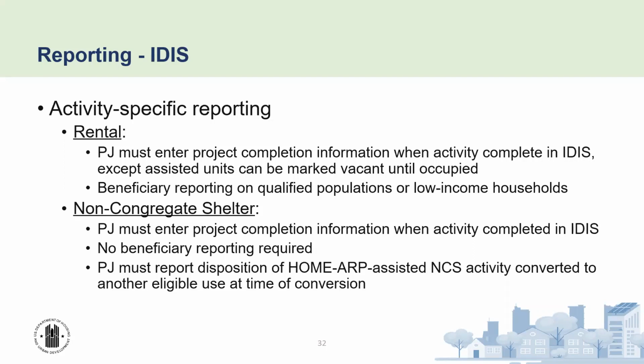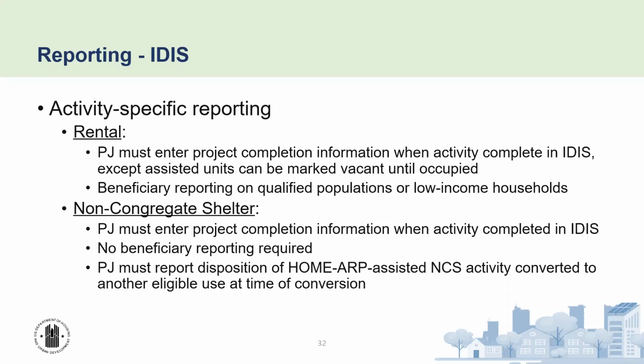If the unit is not occupied by a household that's a member of a qualifying population, the user will select low-income household on the HOME completion beneficiary screen and must also enter the income range of the eligible low-income household. So the unit can either be occupied by a qualifying population household or a low-income household. And when you're reporting HOME-ARP beneficiary information, the PJ is going to have to select which member of which qualifying population or low-income household the beneficiary household is.